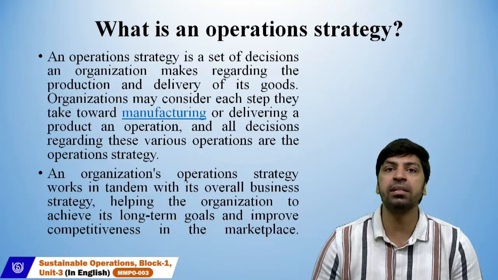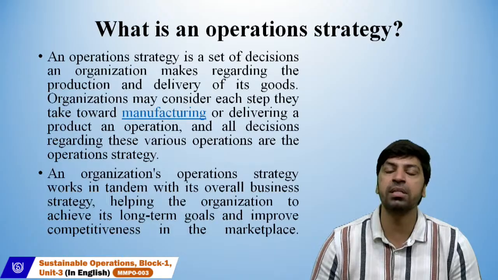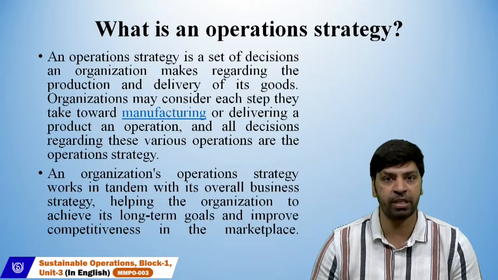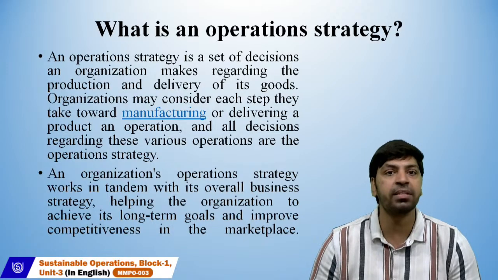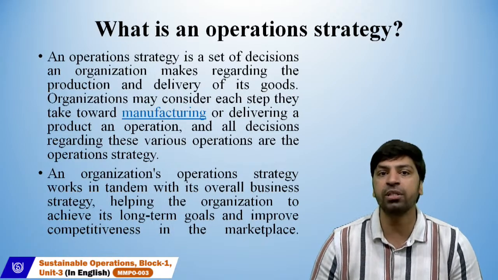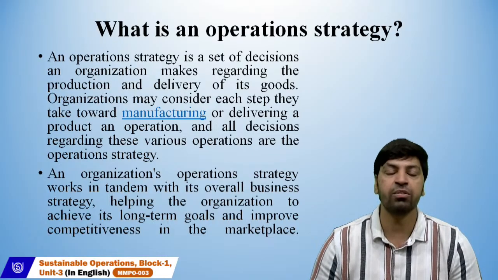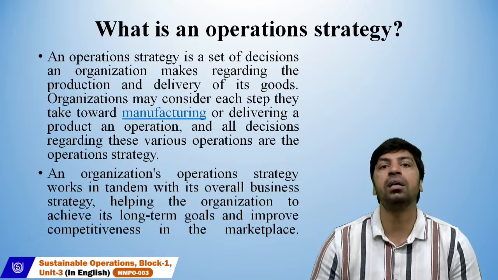An organization may consider each and every step of the manufacturing process or of delivering a product at a particular scale of operations, and the decisions the organization takes regarding the operations are called the operation strategy. So it's all about a set of decisions that the organization takes for the production and delivery of goods.